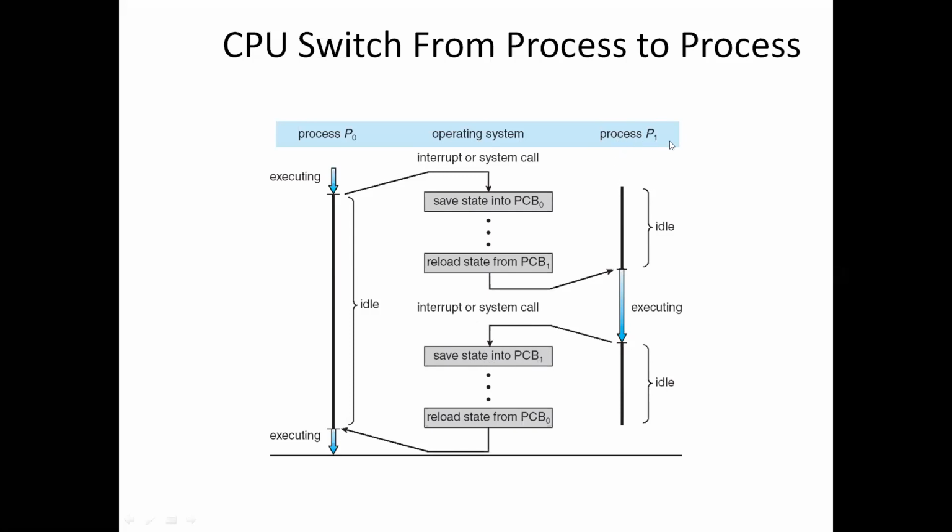Then again it reloads the state information from the process control block 0. Before going to serve the interrupt, we had saved the process information in process control block 0. That information we are reloading from the process control block. Then by seeing that information, the CPU will start executing the process.